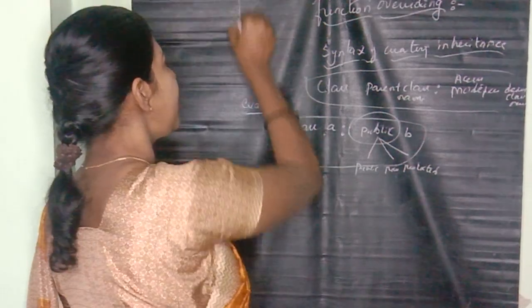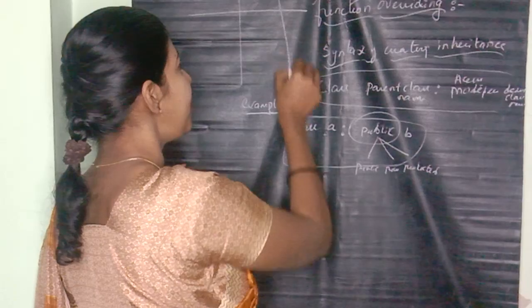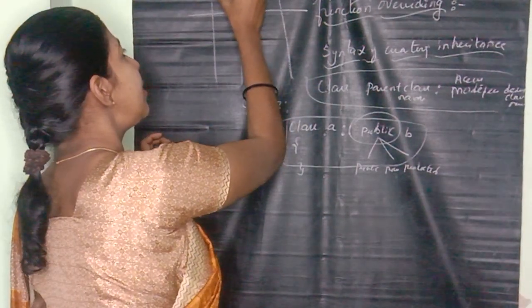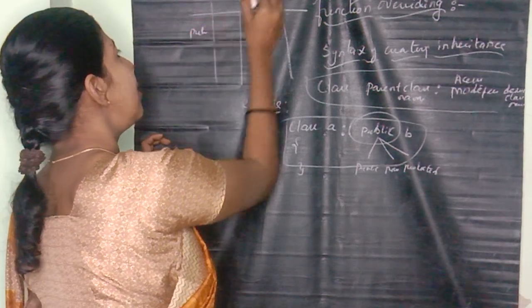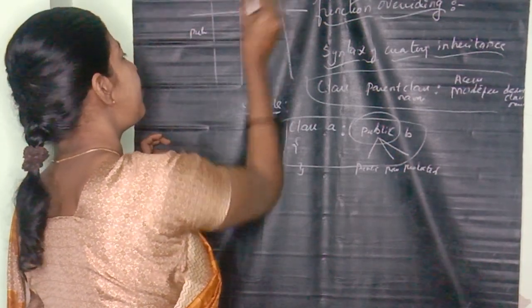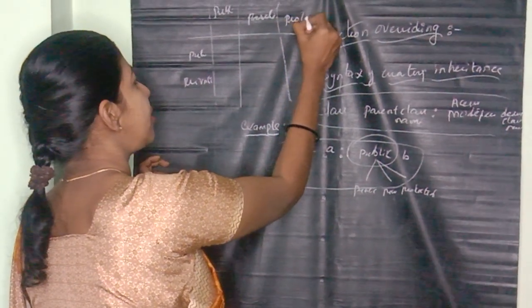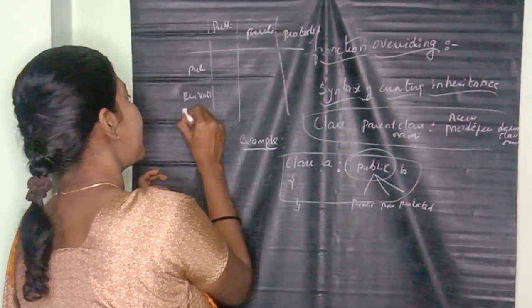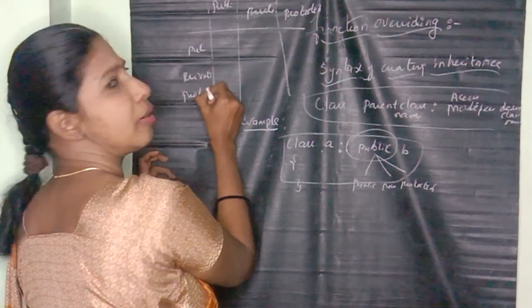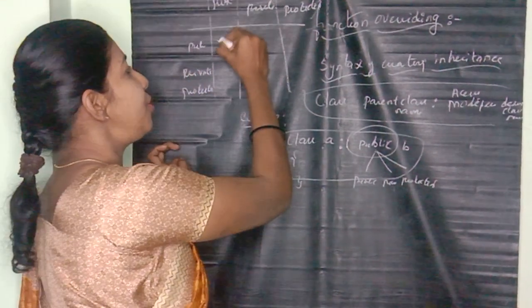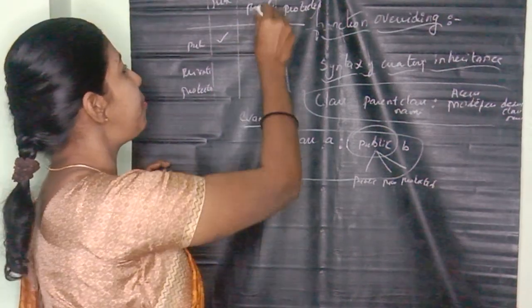We have a chart for public, private and protected access modifiers. Public means accessible to all classes.